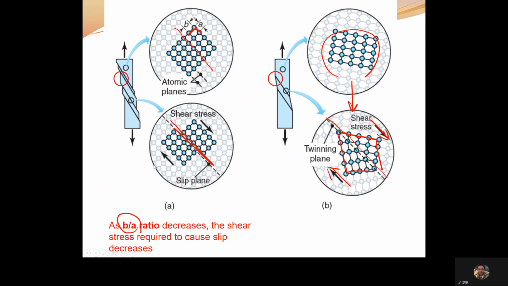Why? If A is a constant, why can the shorter interplanar distance reduce the shear stress?